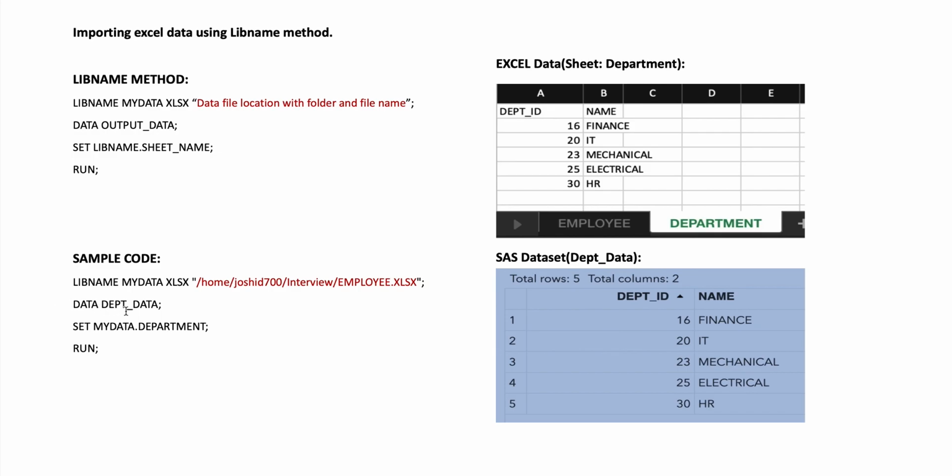Data dept_data. Set libname dot department, because department is the sheet name, and run. When we run the sample code, we will get the result as shown in the second table. The first table represents Excel data, the second table represents SAS data. That means the Excel data has been converted to SAS data.